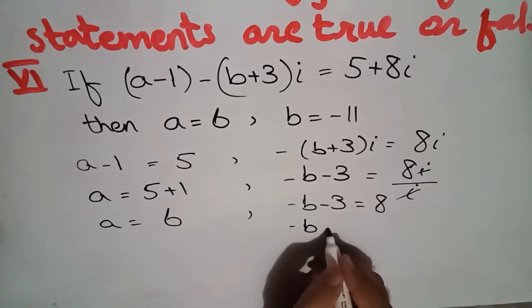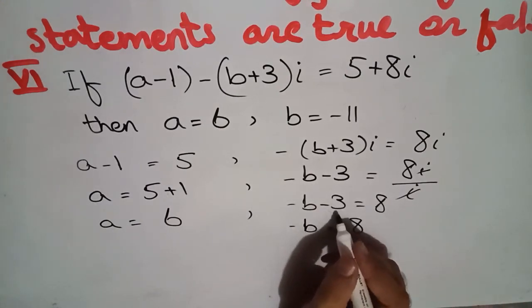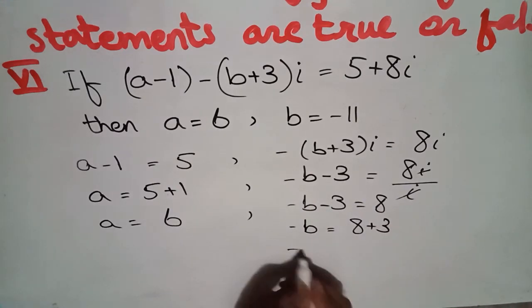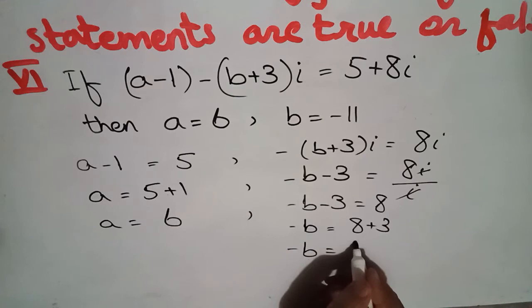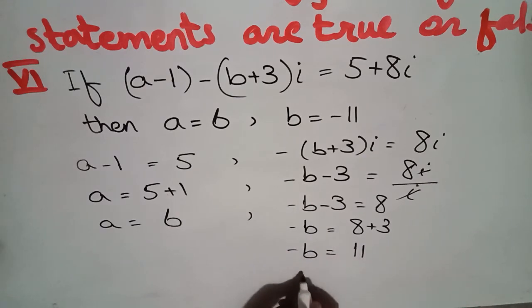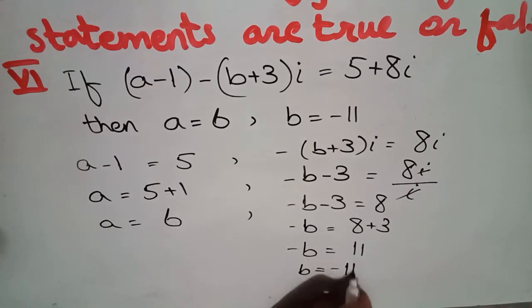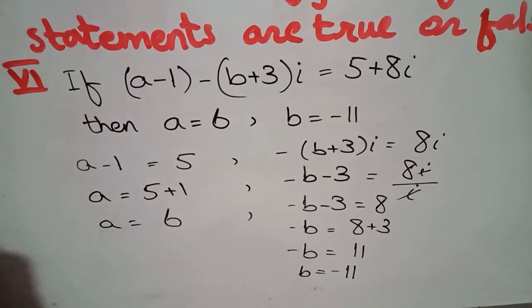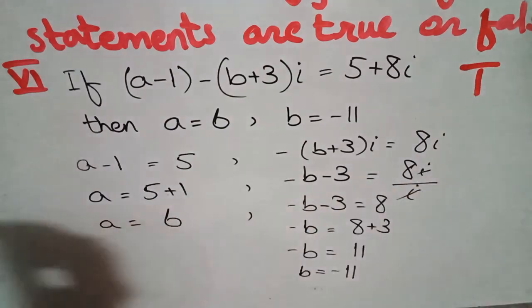Minus b, this 3 will be positive on the other side, minus b is equal to 11. So this minus can be written with this 11. So b is equal to minus 11 and a is equal to 6, which means that the statement is true. You can write here it is a true statement.